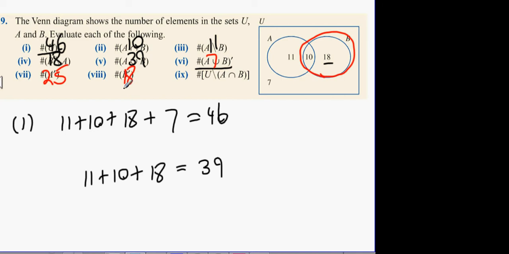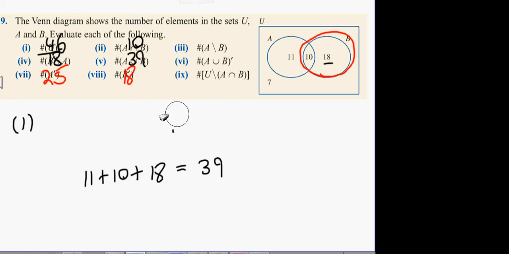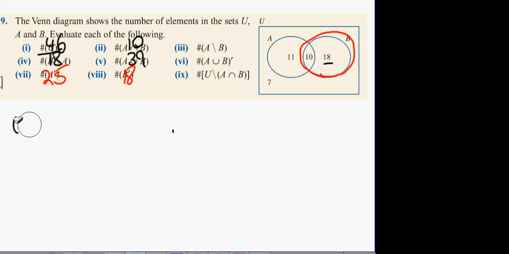Now here's the tough one. Who wants the toughest one? Anybody think they can do it? Joseph. Okay, what does this mean in here? Well, that's U less A union B... Everything in U that's not in A union B. A intersection B. Where is A intersection B?